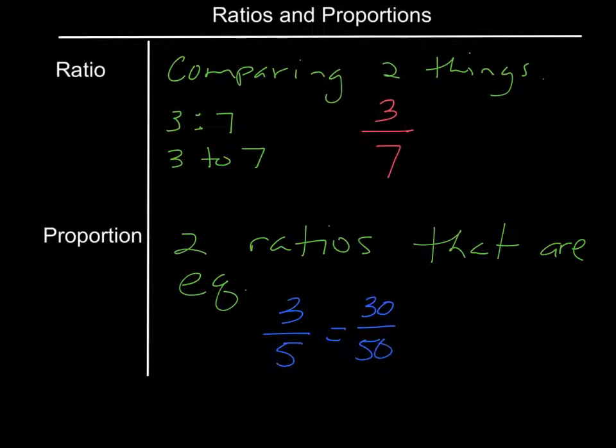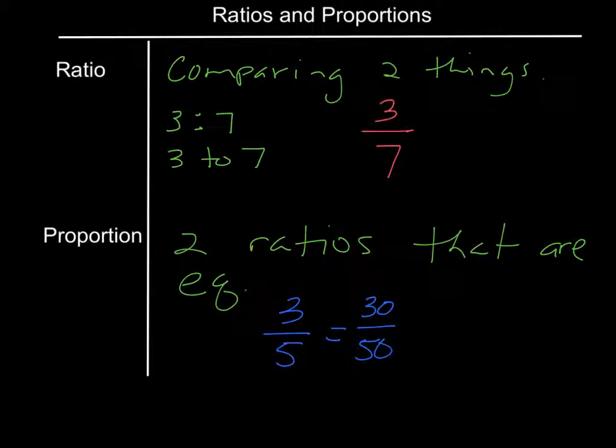This is considered to be a proportion, because if I simplify this fraction down and divide the top by 10 and the bottom by 10, I would get the same fraction over here. So this problem is a proportion because the first fraction is equal to the second fraction. Okay, so that's a quick review of what ratio and proportions mean.